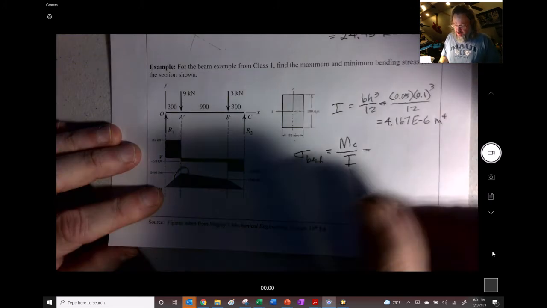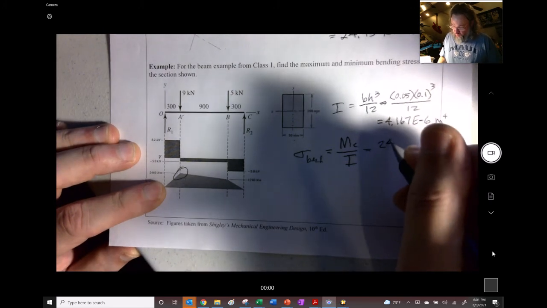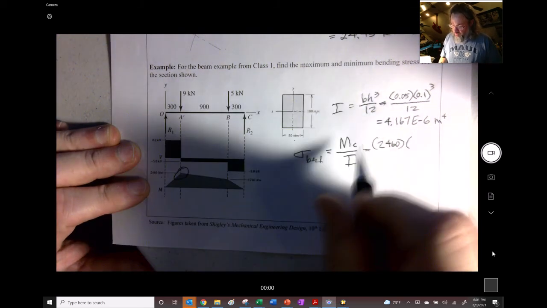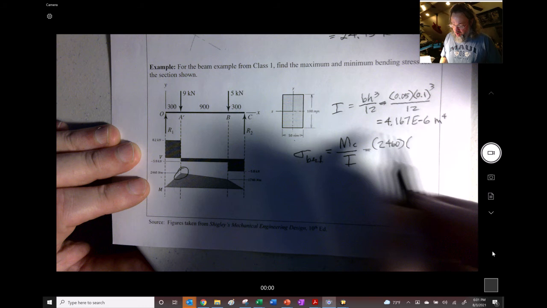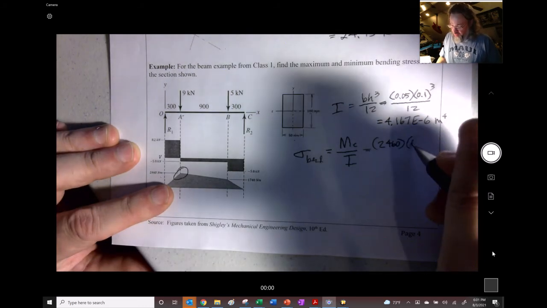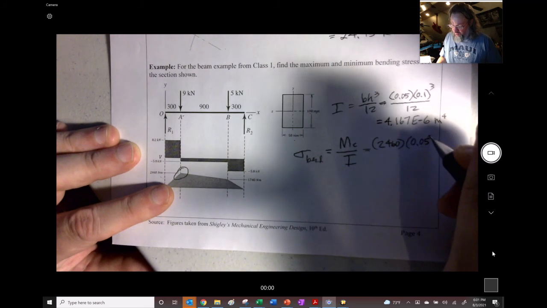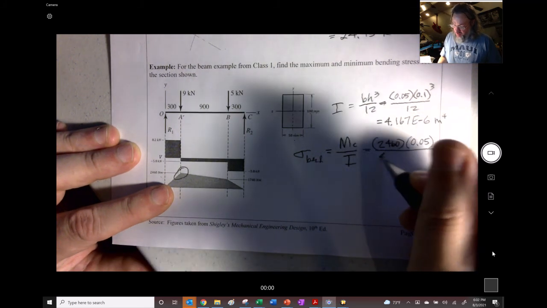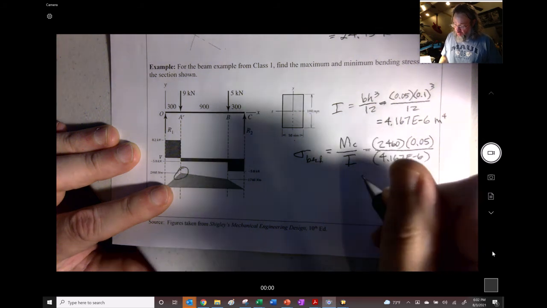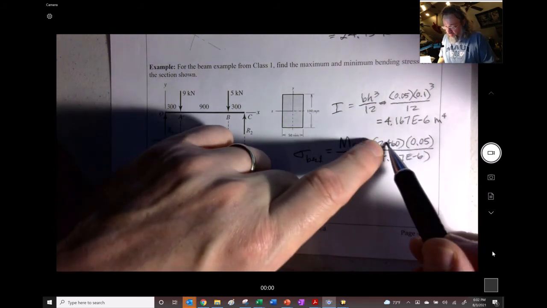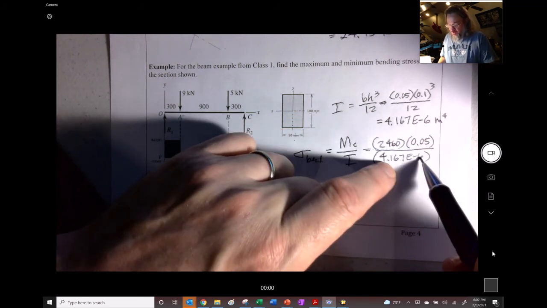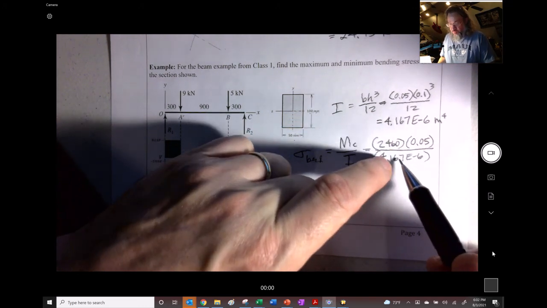So we have 2,460 Newton meters times our c, which is going to be 1/2 of the height, or 50 millimeters, or 0.05 meters, divided by our 4.167 e minus 6. By the way, this is Newton meters times meters divided by meters to the fourth, so we get newtons per square meter.